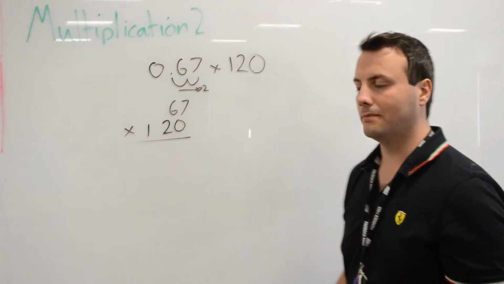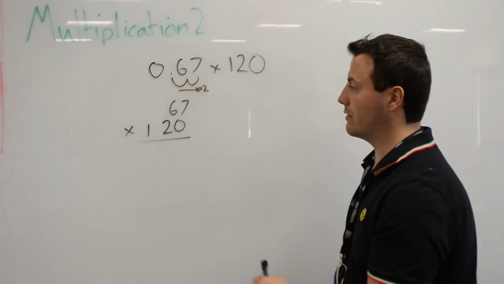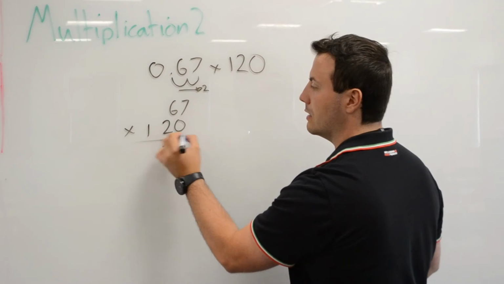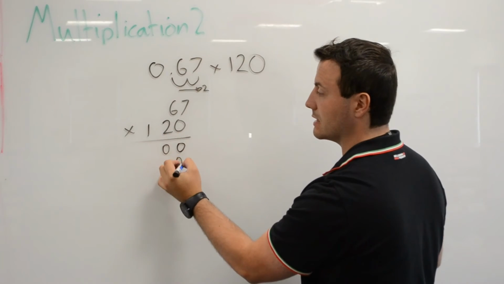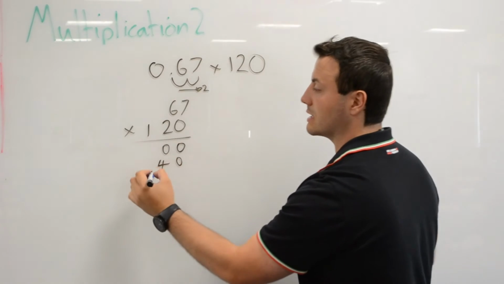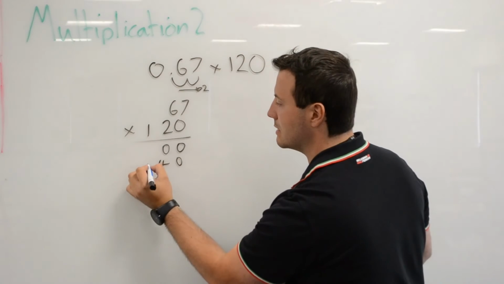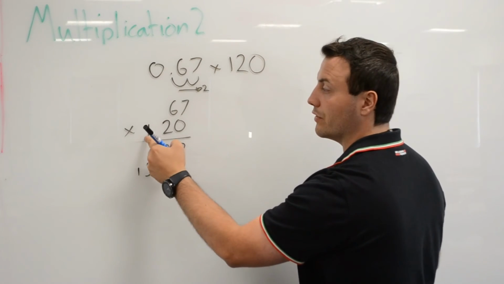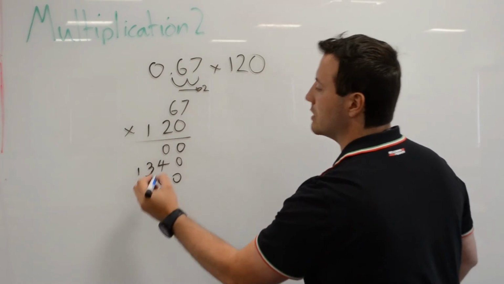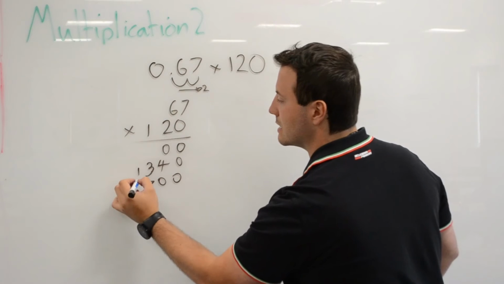Do your long multiplication, starting off with the 0 as your pivot. 0 7s is a 0, 0 6s is a 0. Move the pivot to 2, so you have to add a 0. 2 7s are 14. 2 6s are 12, plus the 1, 13. Move the pivot to the hundreds column. 1 7 is 7, 1 6 is 6.